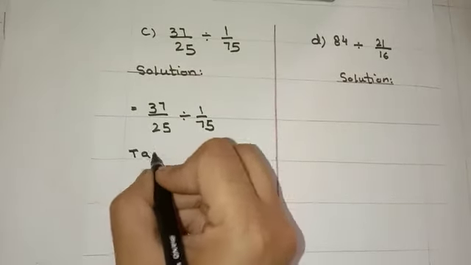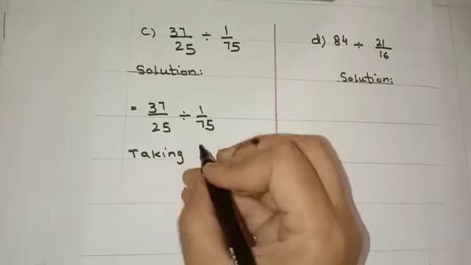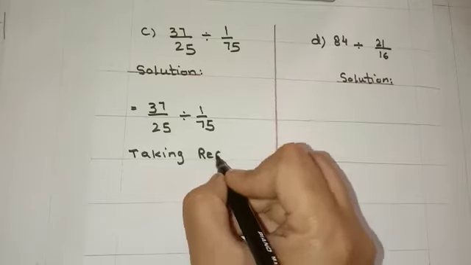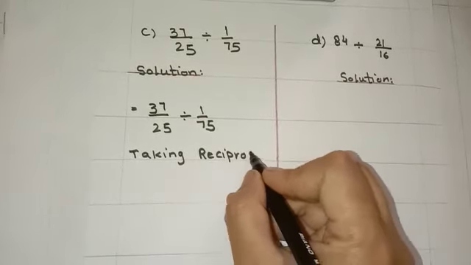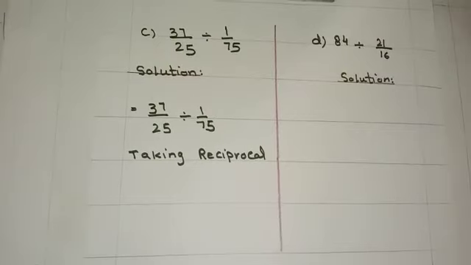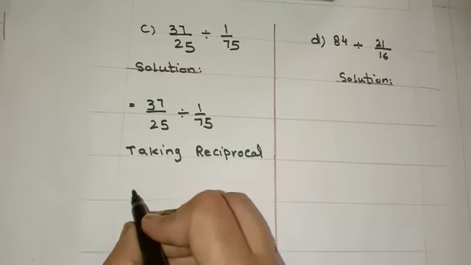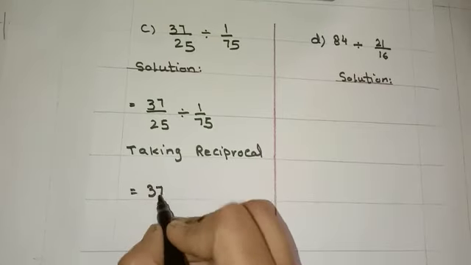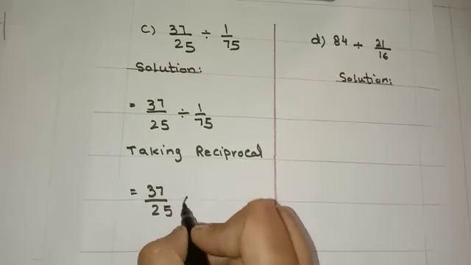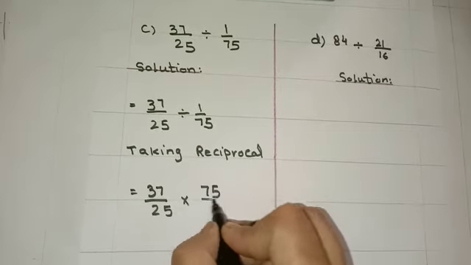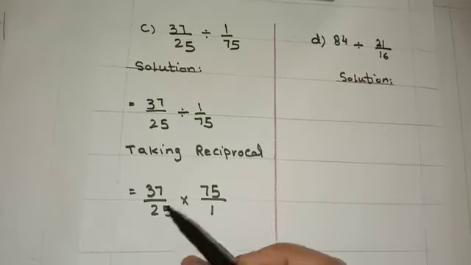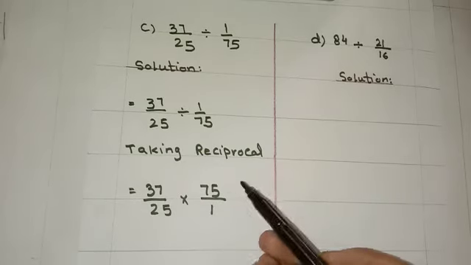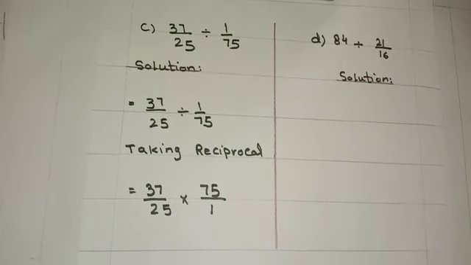Now taking the reciprocal, 37 over 25 multiply by 75 over 1. Now all numbers which have 5 in their unit place will definitely occur in the table of 25. So we will do direct cutting, otherwise we can use the table of 5 to cut them.